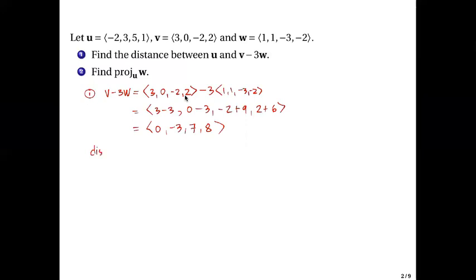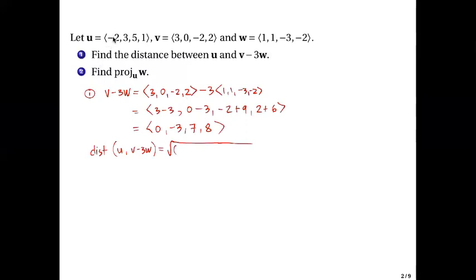And therefore, if we want to find the distance between u and v minus 3w, this will just be equal to the square root of the following.